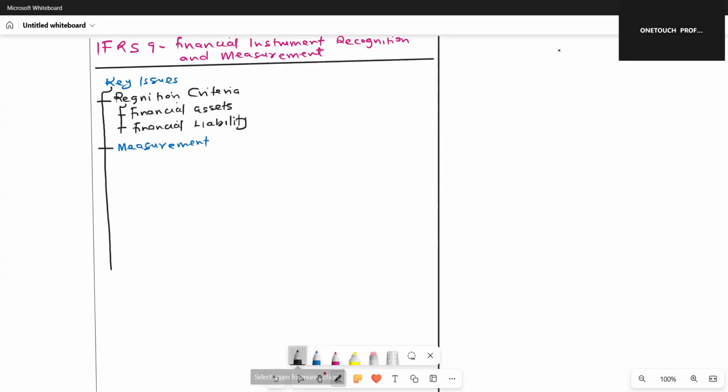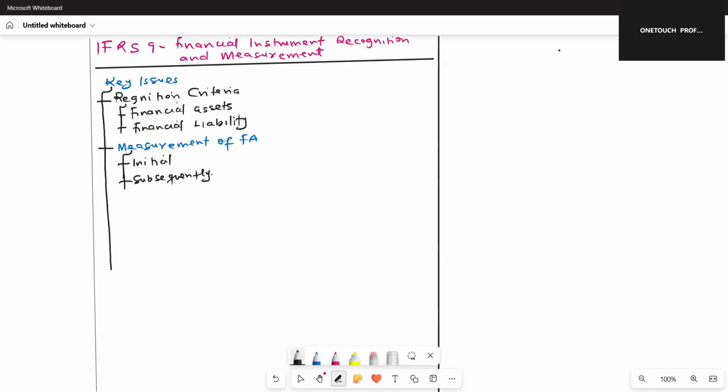Under the measurement, we look at it from the point of view of financial asset first. We look at the three classifications and how each should be measured initially and then subsequently.